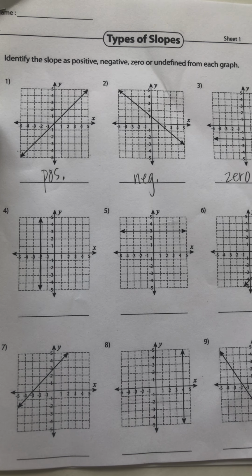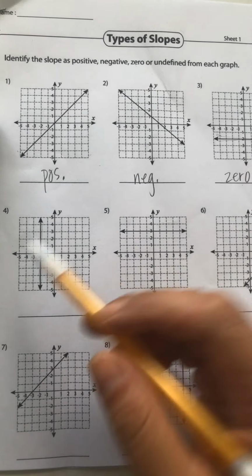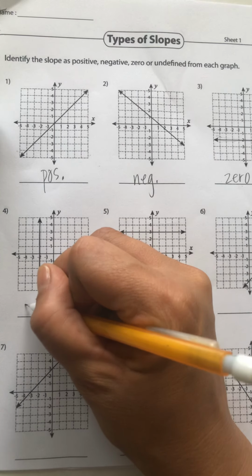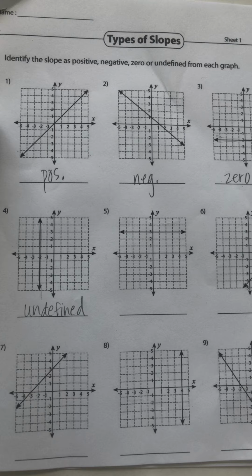As a result, the formula m equals rise over run has a denominator of 0. If you divide anything by 0, which you cannot, it's undefined. So anything that is horizontal, we say it has a zero slope. Anything that is vertical, we call undefined. You can't figure out the slope.